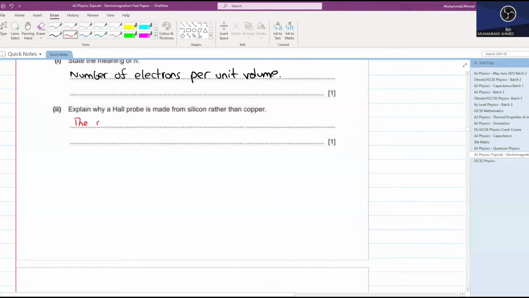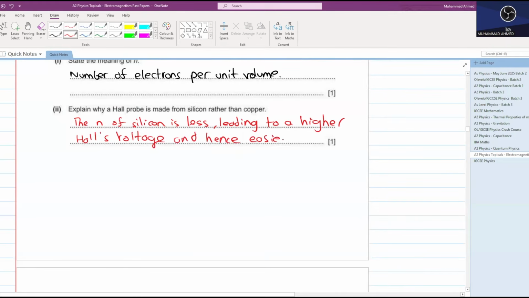The N of silicon is less, leading to a higher Hall's voltage, and hence easier to measure. Simple as that.